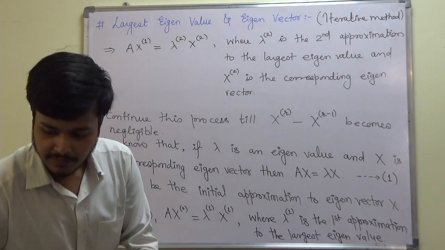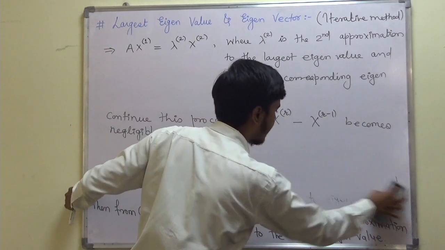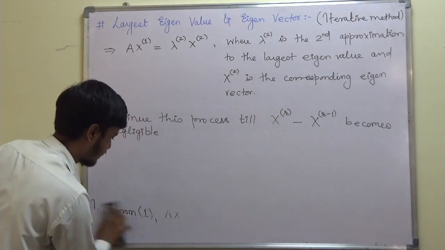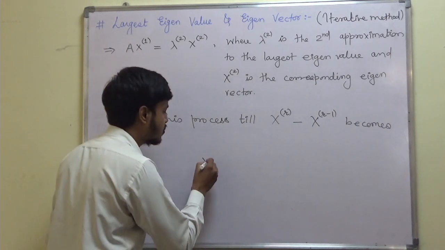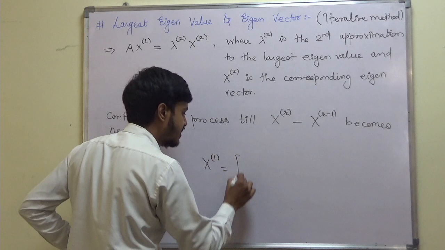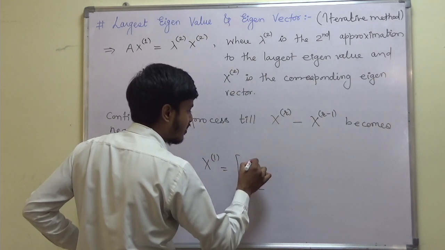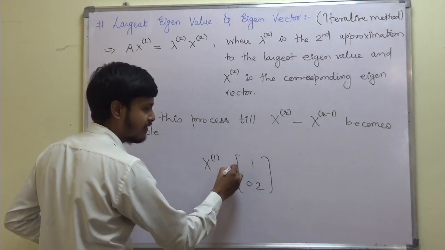For example, say you got some value in x1. Suppose your x1 comes out to be 1, and here it is 0.2, and here is some eigenvalue.